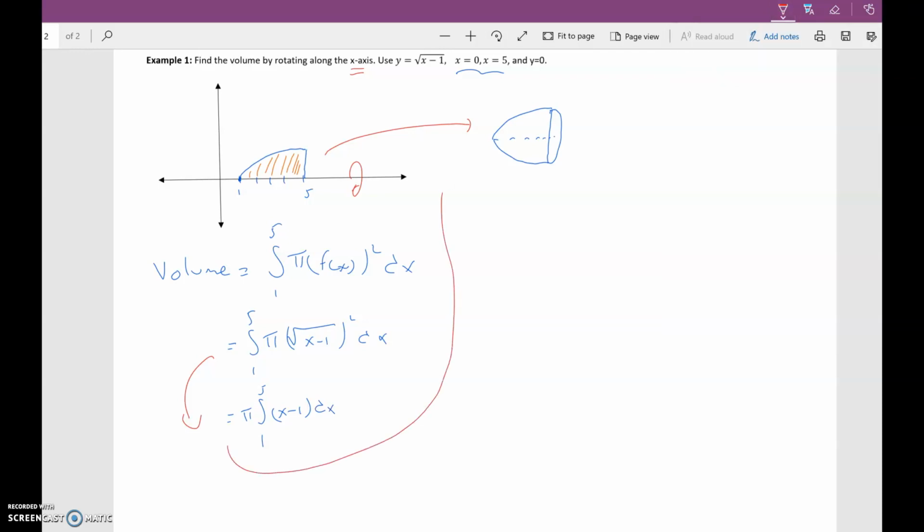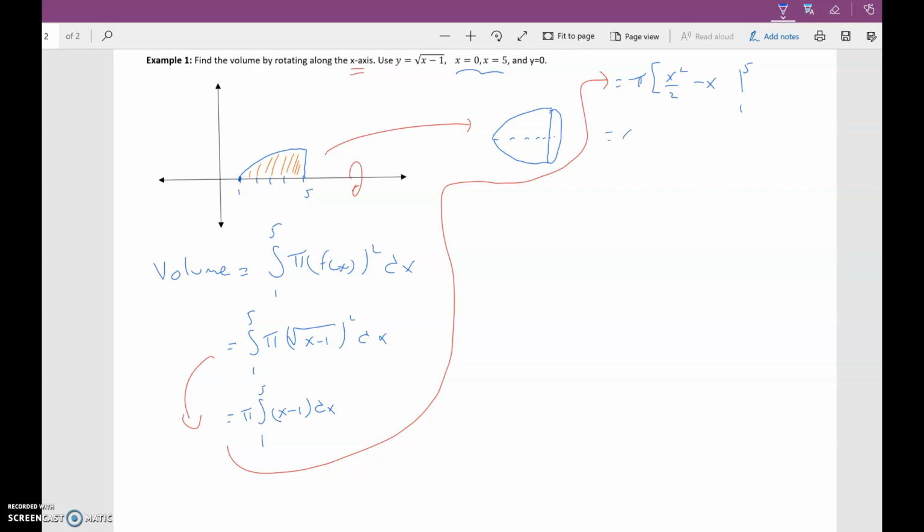Let me move the problem here. So we're still looking at the value of pi, let me just put brackets. We're looking at x squared over 2 minus x evaluated from 1 to 5.